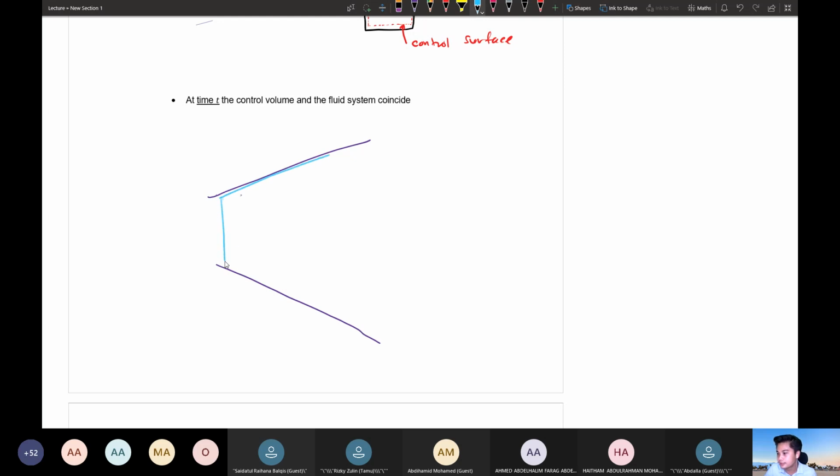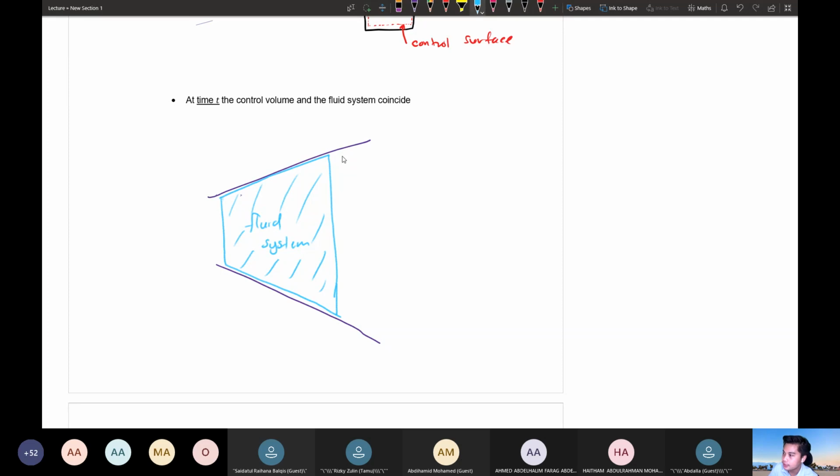Okay, remember that the system, this is the fluid. This is the fluid system. Yeah, I said the fluid system. That means the whole thing will move with respect to time.